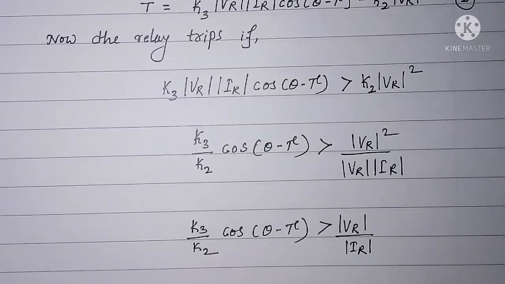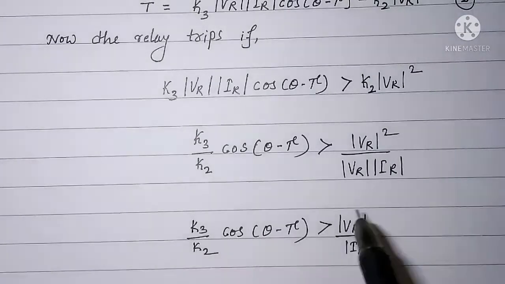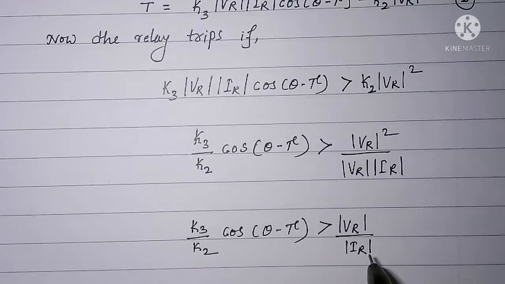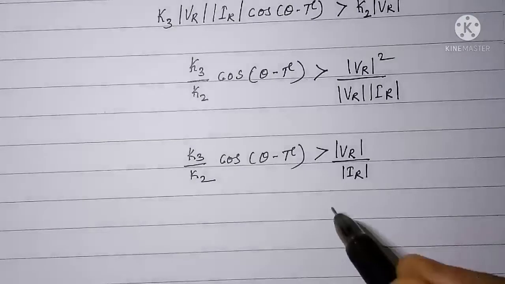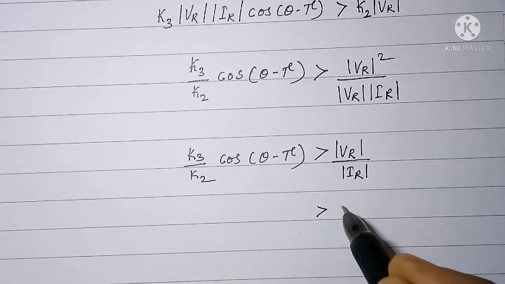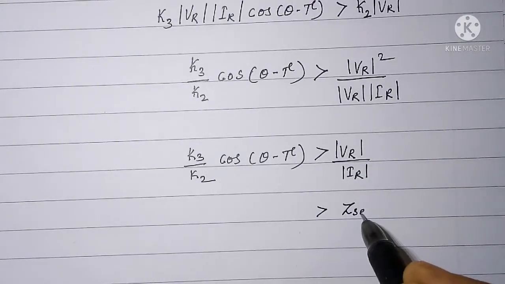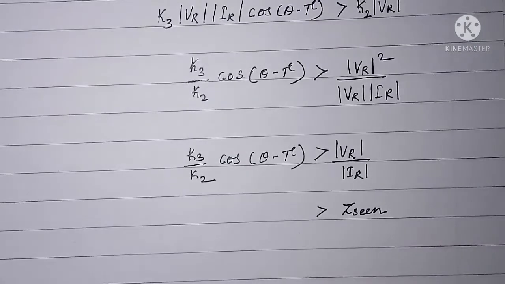That is, it gives us impedance seen by the relay, Z seen. Therefore, we will write it as Z seen.